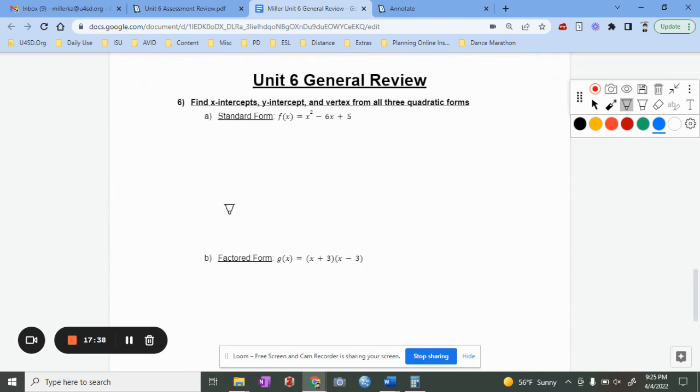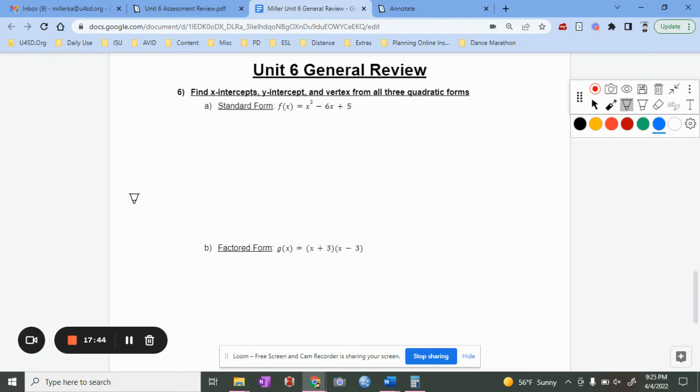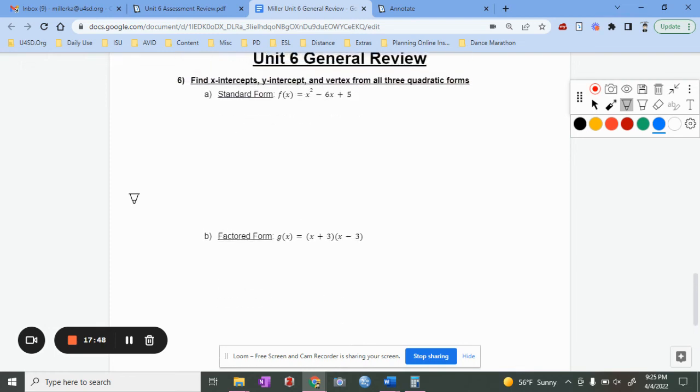Continuing on, find the x-intercepts, the y-intercept, and the vertex from all 3 quadratic forms. Now, it might be challenging to find all 3 from each of the forms, but let's focus in on what we can find from each of these. If you remember from our conversation above, in standard form, we're going to be able to find our y-intercept really easily because that's going to be our constant.